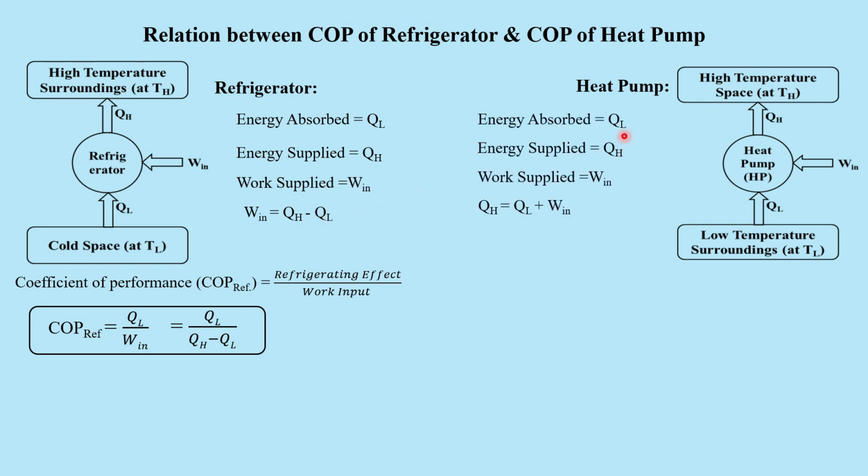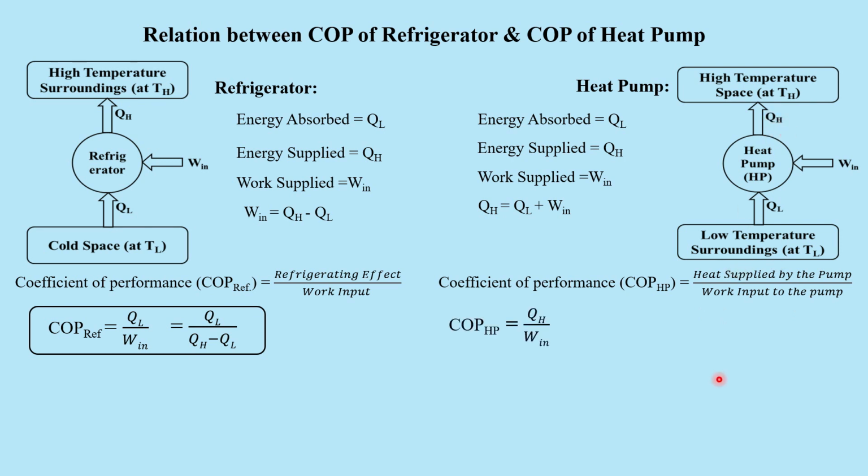For a heat pump, we have the same terms, but here QH we have written as QL plus WN, which is just a rearrangement of this. In case of a heat pump, coefficient of performance is given by heat supplied by the pump divided by work input to the pump. That is, QH will be in the numerator here.